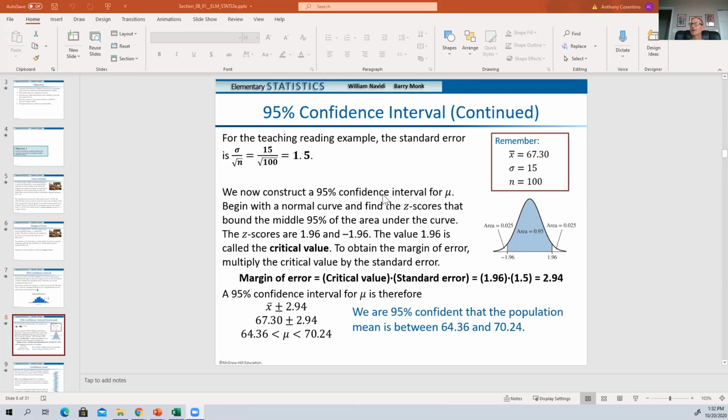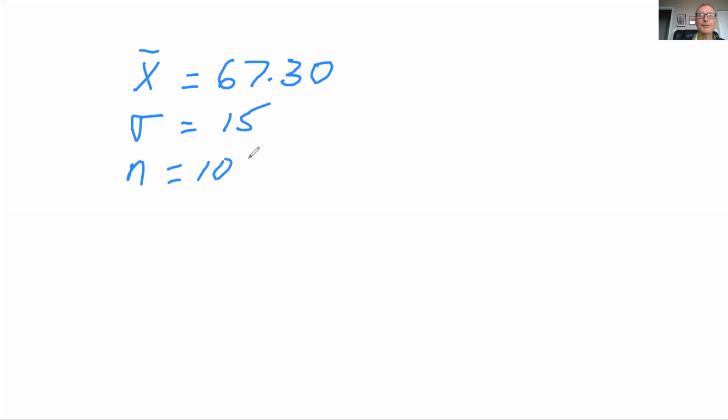Here's an example where we have this mean, standard deviation, and 100 fourth graders, right? If we use a 95% confidence interval, let me pull up here and do it for you. We had the mean of 67.30, standard deviation of 15, and n equals 100.